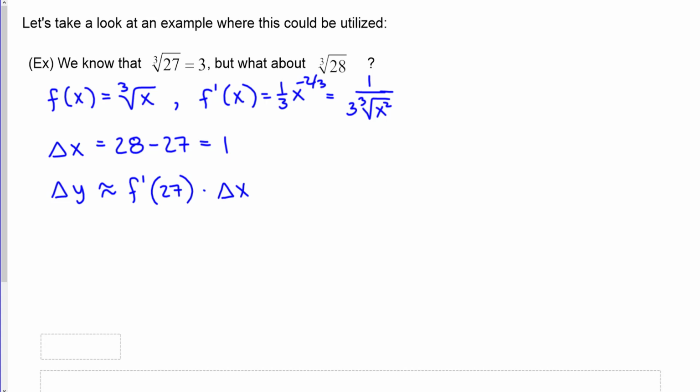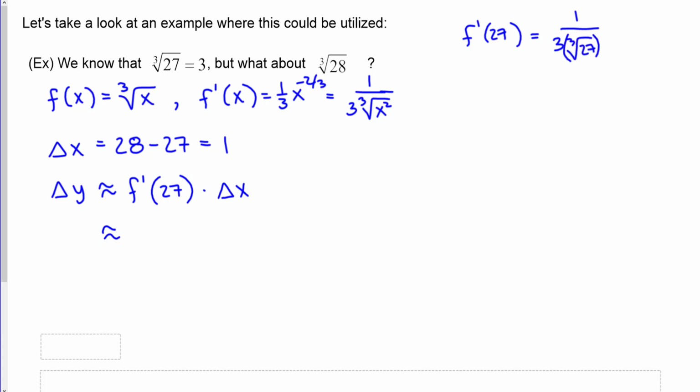So let's take a look. Let's see what happens. So we know that the derivative evaluated at 27, I'll come off to the side and do it. So f prime evaluated at 27 would be 1 over 3. Now instead of doing 27 squared and then the cube root, you can actually do the cube root of 27 first and then square it.